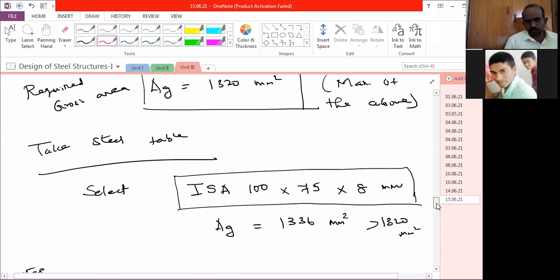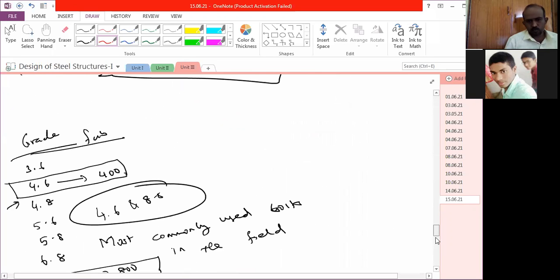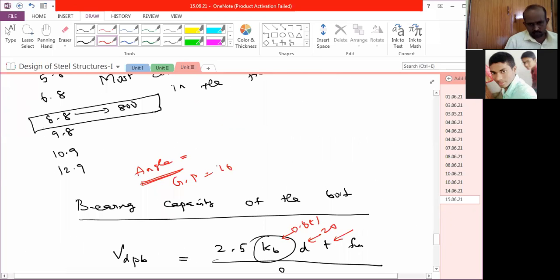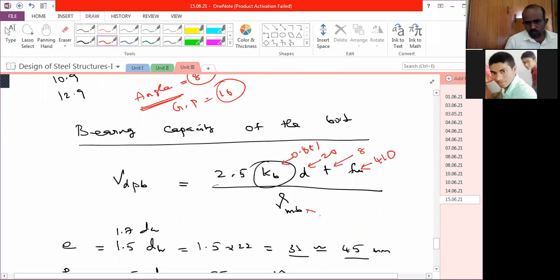ISA 100 by 75 by 8. So both thicknesses we have to consider, either 8 mm or 16 mm gusset. Which is the least value? 8 mm. Okay. And fu value how much? 410. And gamma mb value 1.25. Now you calculate Vdsp value, or if you have any doubts, you tell, right?